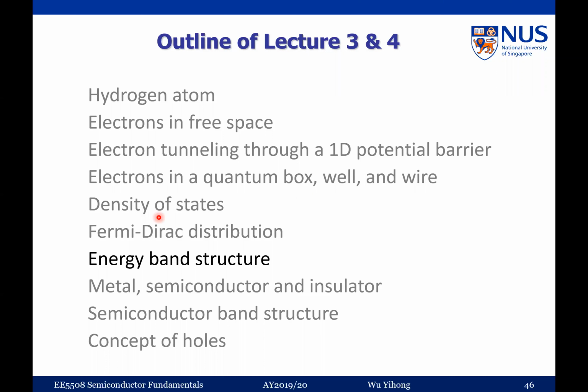And after that, we talked about another very important concept in solid-state physics, which is density of states, right? And from here, we understood that electrons try to fill up the entire k-space or energy space from the lowest energy first, and after that they end up at the highest energy, which is called Fermi energy.